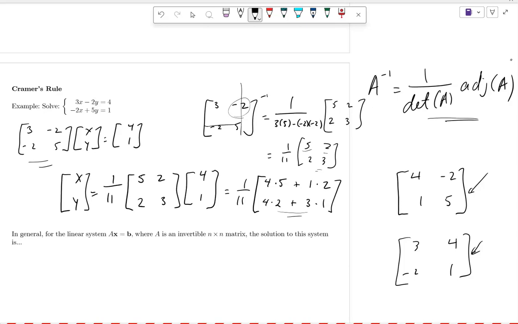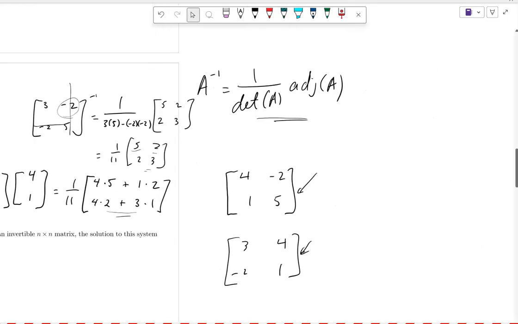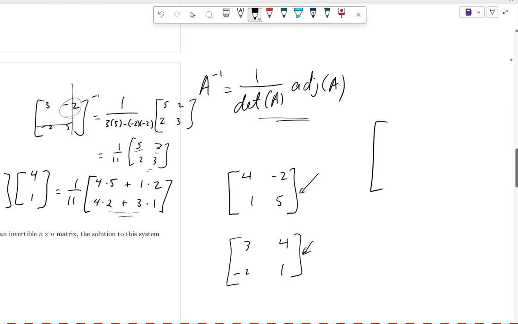Notice what happens here. We said this was the adjoint, correct? So let's think about how your adjoint is formed and see what we're doing here. Remember, your adjoint is your C11 goes this way, and then you go C12, C13, all the way down to C1n, right?